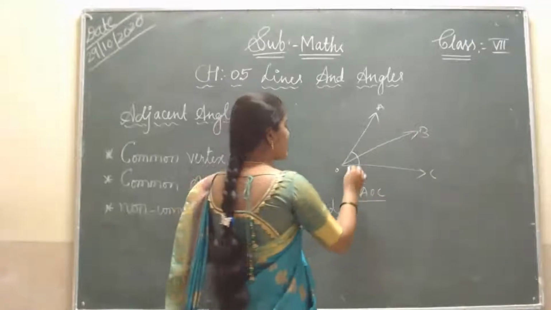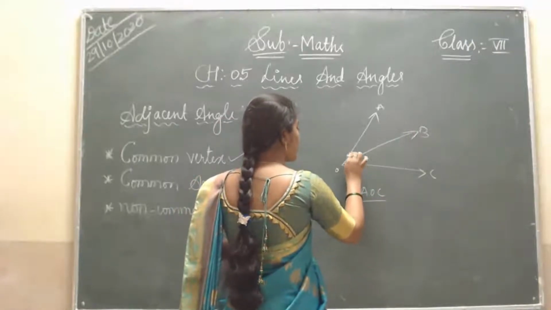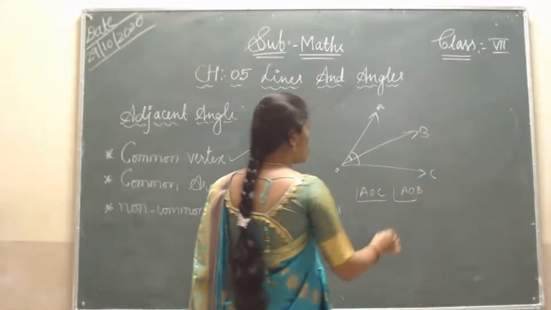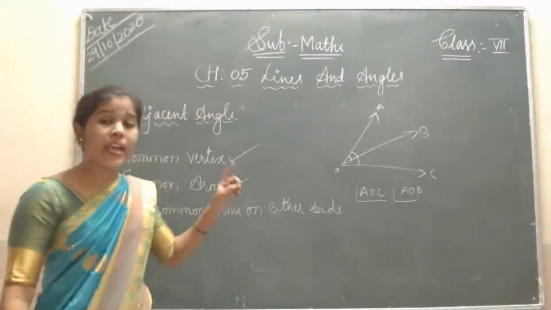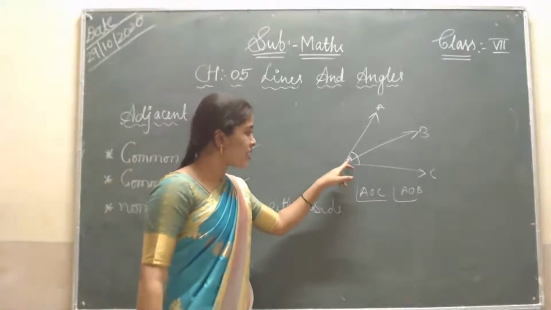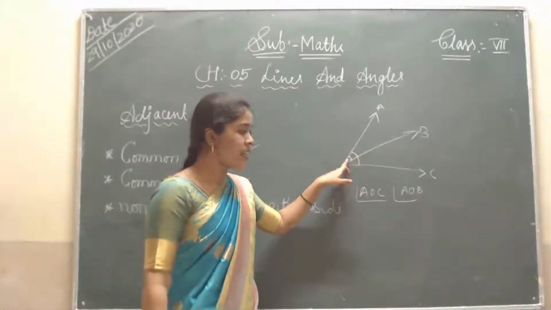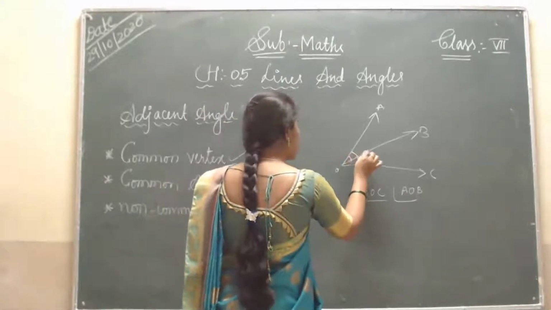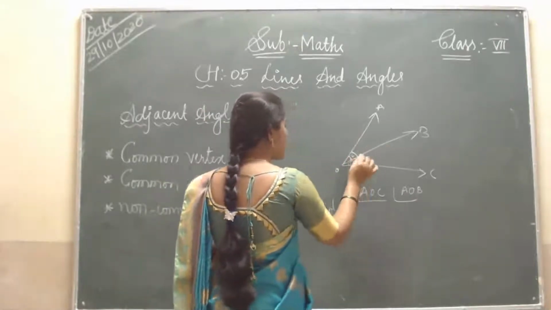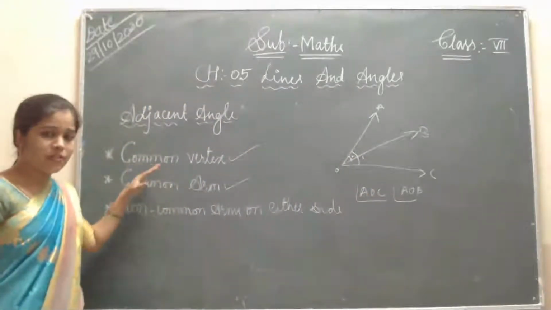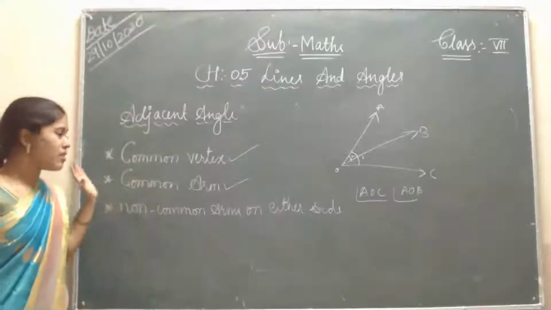Next, the second angle, take this one, angle AOB. Don't take AOB and BOC. We are taking the first angle as the big one and the second angle as this smallest one. So for this we have to check whether it satisfies the rules.